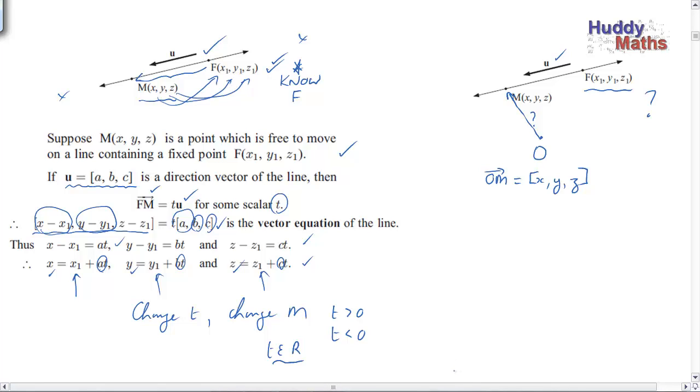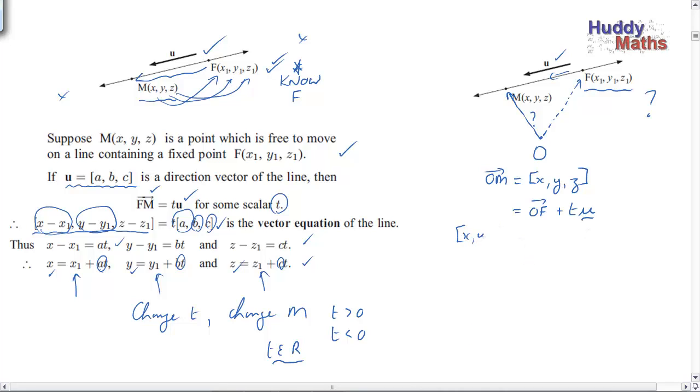Well, how do you get to M? Well, I could travel this way. I could go OF, so this is also equal to OF, plus what? Well, I've got to travel down here a certain scalar multiple of u. Okay, so let's make those all into vectors now.